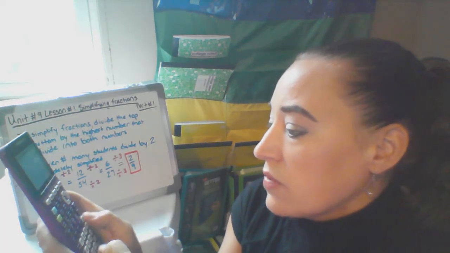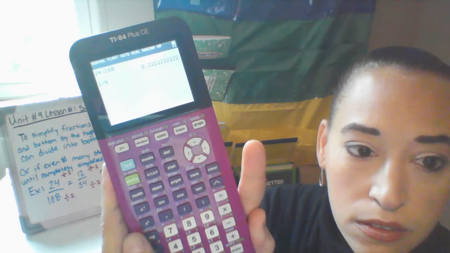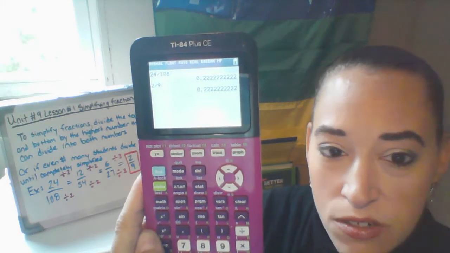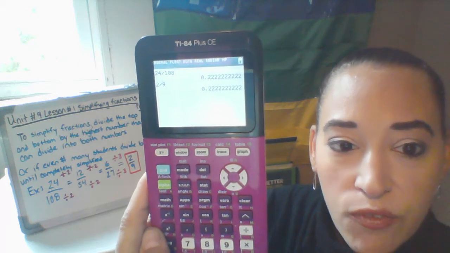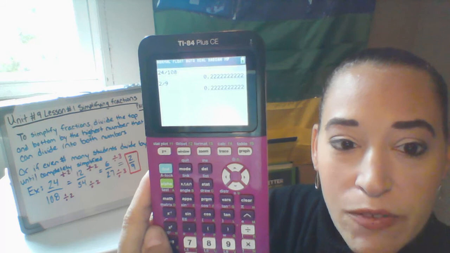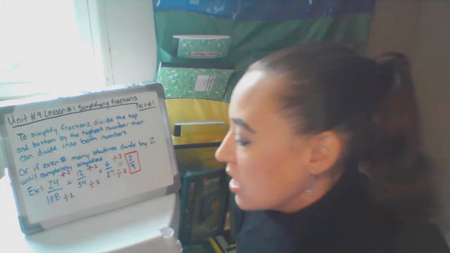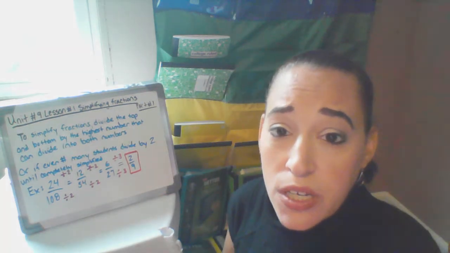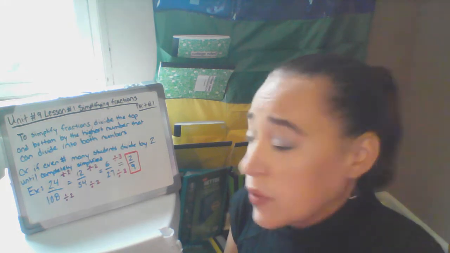Now I'm going to take 2 divided by 9, enter. And as you can see, they're the same exact thing. It's just in a different form. I reduced that fraction. I didn't change it. I didn't make it a greater or smaller number. I just put it in a different form. That's what simplification means.